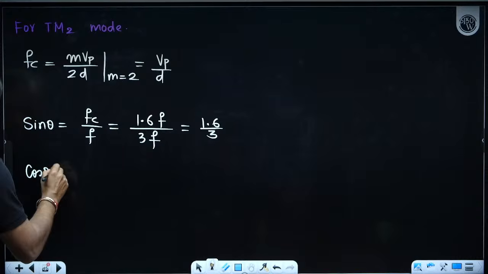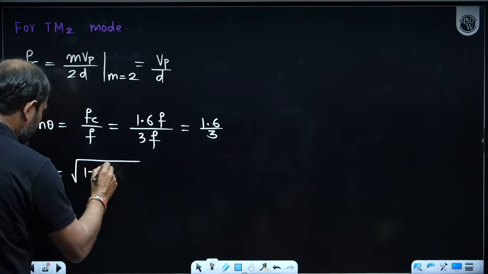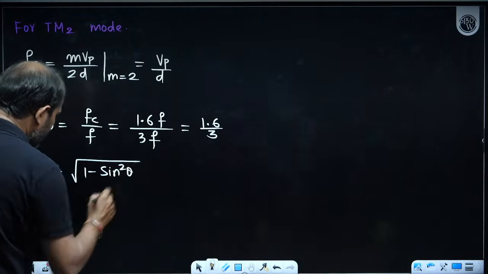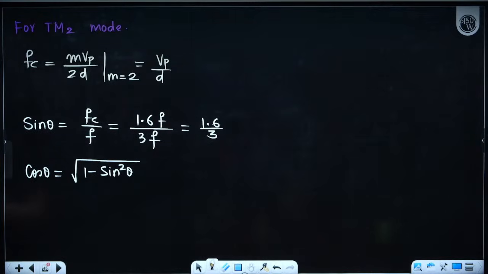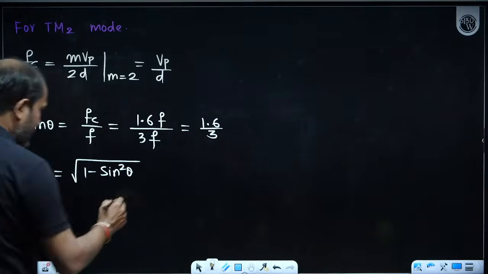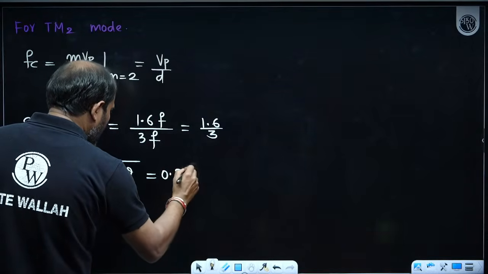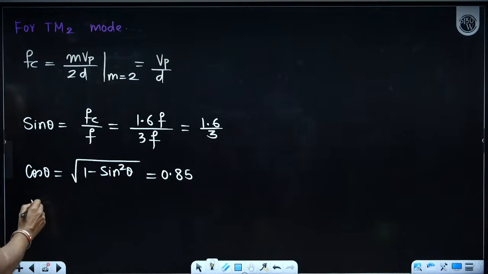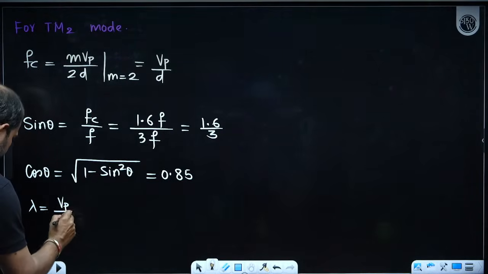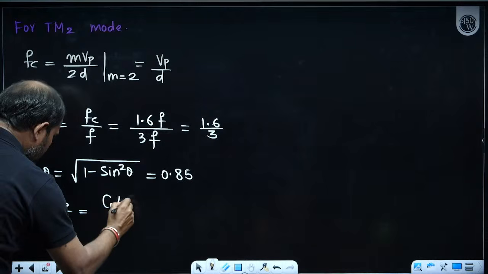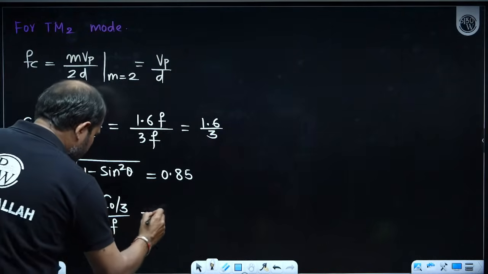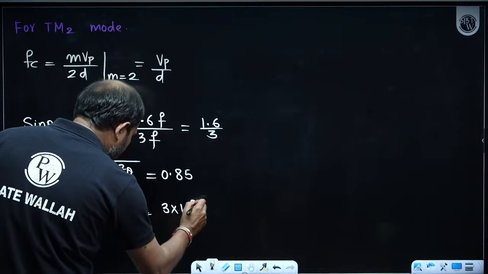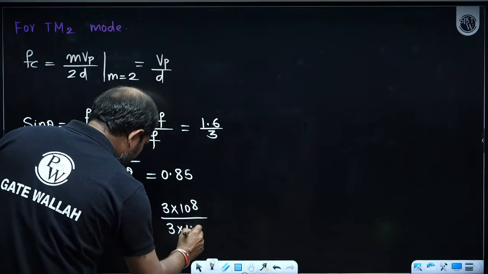So cos theta you can calculate, under root 1 minus sin square theta. So 1.6 divided by 3, square, 1 minus answer, under root, answer 0.85. Then lambda is equal to Vp upon F. Vp is equal to C naught, 3 into 10 to the power 8, F is 1 gigahertz.